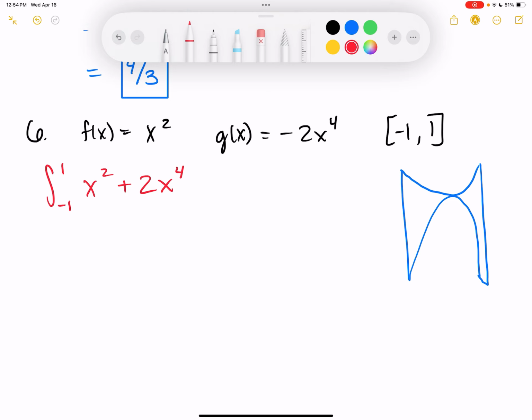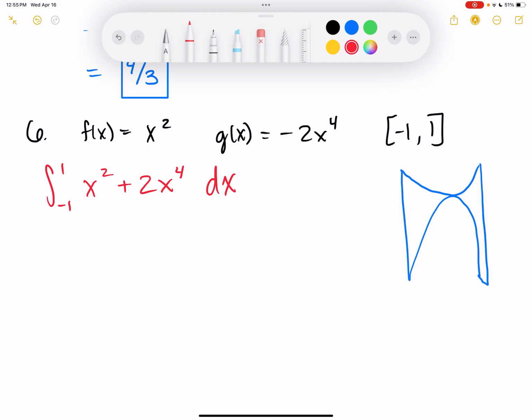What about the dx? I'm getting there. So I've got to integrate this now, so what do I get when I do that?